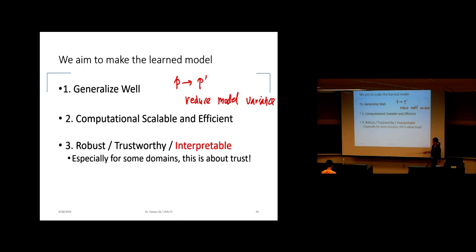And of course, it's computationally scalable and efficient, we already talked about it, right? In the operational phase, you really don't need to save everything, you just save p prime, and like the memory cost or disk cost, and test, especially during the operational phase.